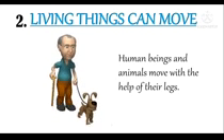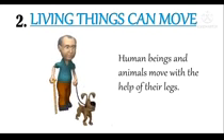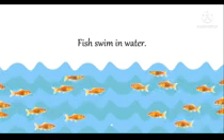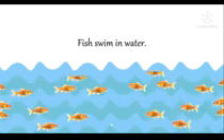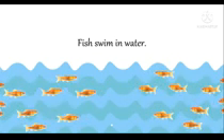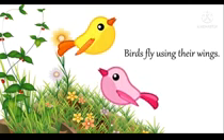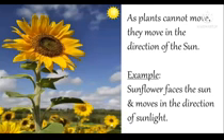Human beings and animals move with the help of their legs, whereas fish swim in water to move, and birds fly using their wings. Plants cannot move from place to place, but they move in the direction of the sun. For example, a sunflower faces the sun and moves in the direction of the sunlight.